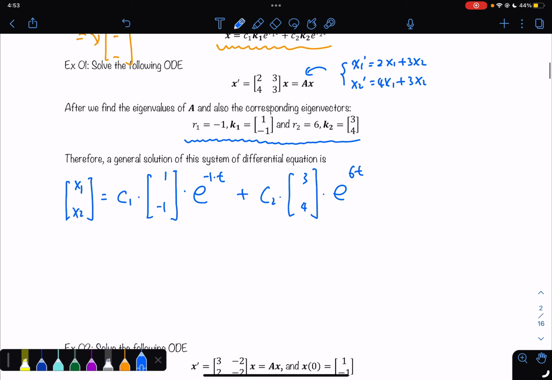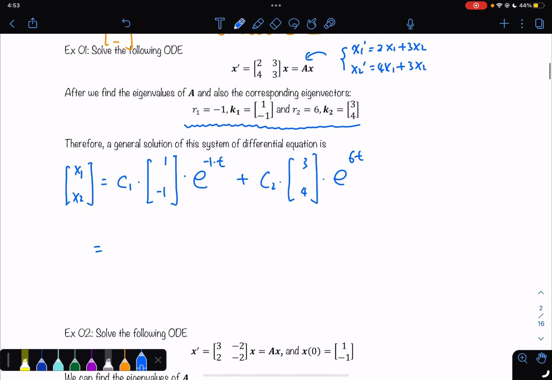If you want to make it look slightly more efficient or friendly, scalar multiplication is no longer matrix multiplication, so the scalars can be multiplied in. So you can see this is C1, negative C1, multiplied by e to the negative t, and 3C2, 4C2, multiplied by e to the 6t.